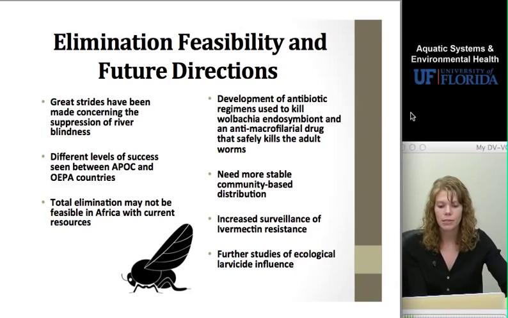We need more stable community-based treatment, which can survive civil unrest, which is also a problem in African countries with onchocerciasis. We need increased surveillance of resistance, and we also need further studies on ecological larvicide use, how this has influenced reproductive capacity in fish. There's not been a lot of studies conducted on this.